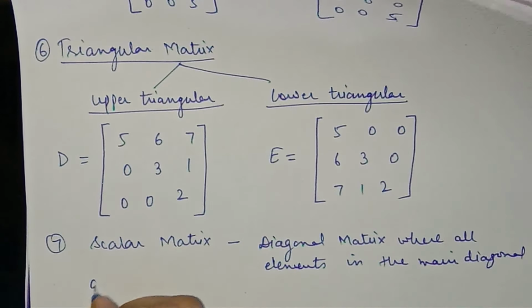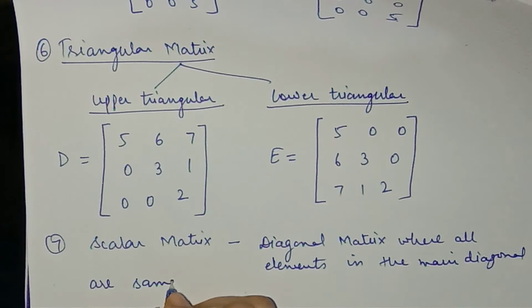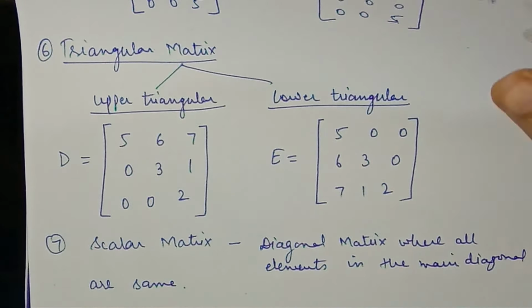So in the main diagonal, the elements should be equal or should be same. Example of this scalar matrix is matrix F, and it is a diagonal matrix. As I told you, it means all the elements other than the elements in the main diagonal should be equal to 0, and the elements in the main diagonal should be equal or should be same.